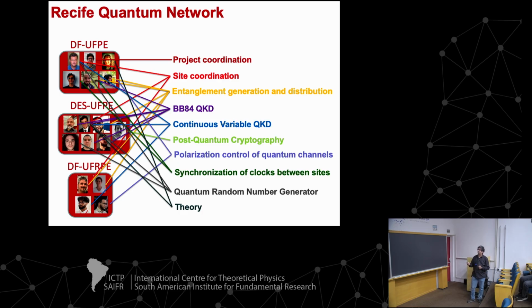So it's very interesting, for example, to work with different protocols, like entanglement-based protocols, protocols with attenuated lasers, protocols with continuous variables. Continuous variables is quite interesting for the telecom engineers because it's connected with the field of coherent communication. And so it's very interesting to have all these protocols.